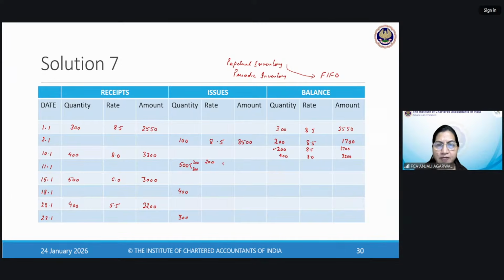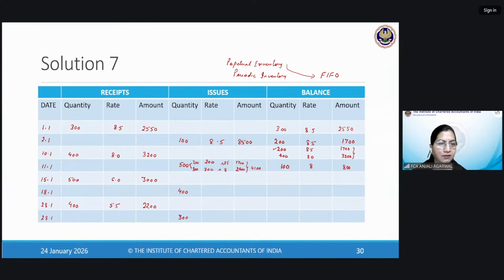So the price of this 200 is at 8.5, and this 300 is at the rate of 8. So this 1700 lot will go completely, and 2400 from here. So 1700 plus 2400, 4100. What will be left is only 100 units of the lot which we received on 10th January. You can verify your answer from here. 1700 plus 3200 minus 4100 will give you 800.